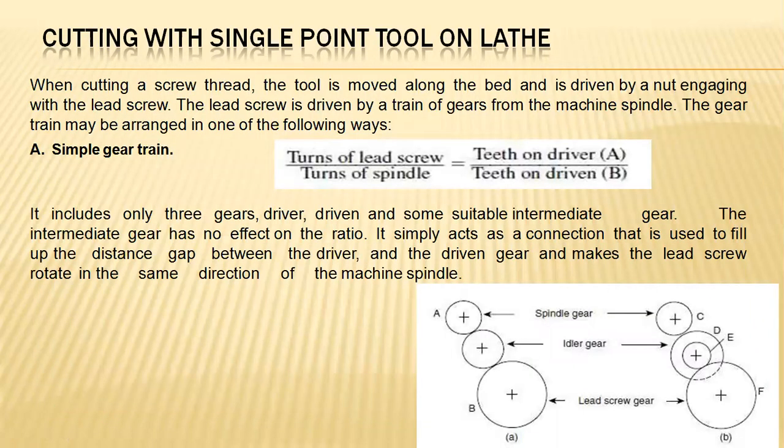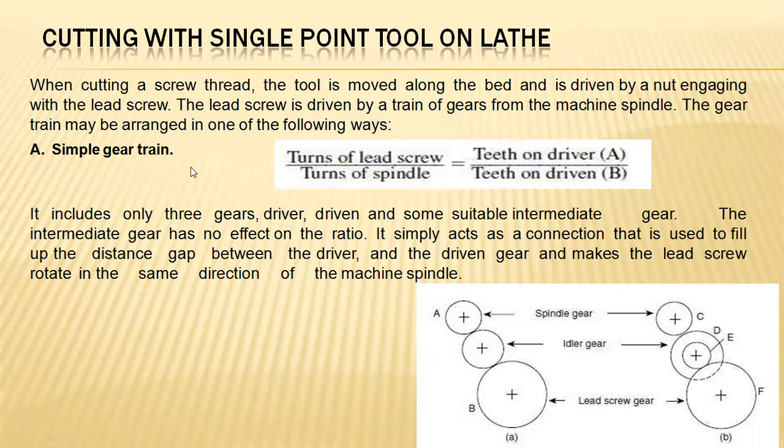Normally, the driving of a bed is considered upon the screw thread with the help of the lead screw, which is acting as a basic gear train that is being arranged as shown in the following.